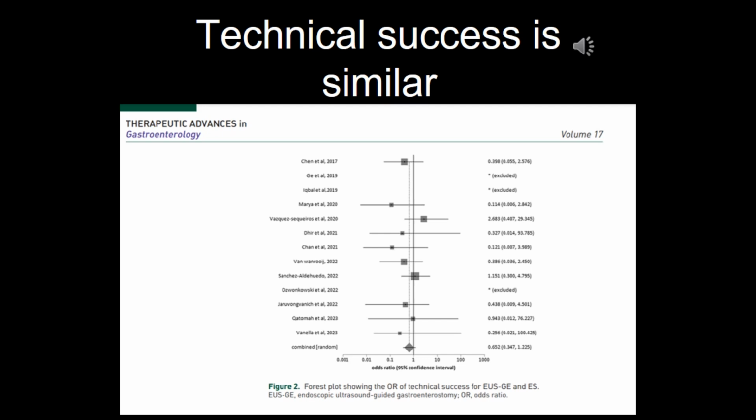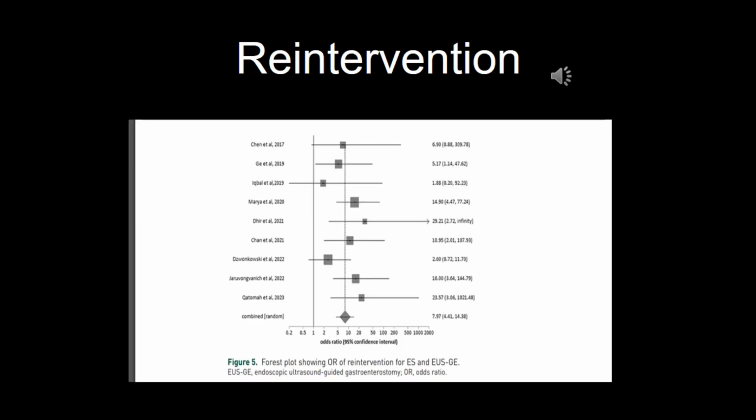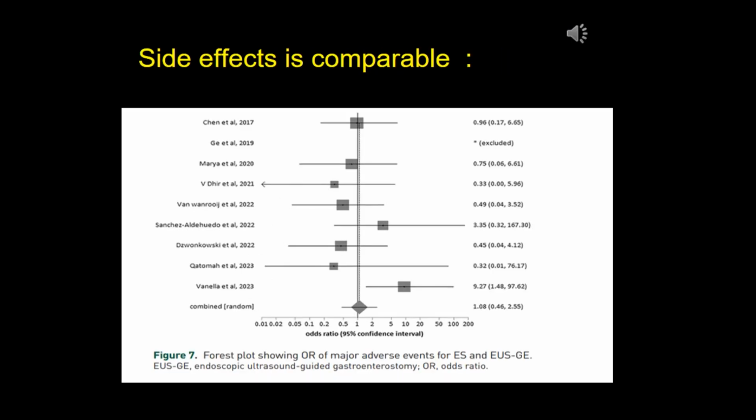However, it is not statistically significant. The pooled odds ratio of 7.9 strongly indicates that endoscopic stenting is associated with a significantly higher risk of reintervention. This forest plot suggests there is no clear evidence that one method is safer in terms of adverse events.